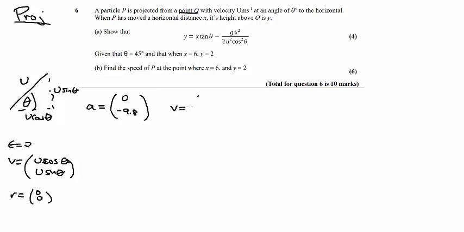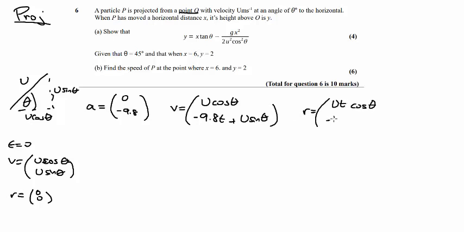Okay, so let's build our AVR. We get u cos theta minus 9.8t plus u sine theta. Integrate again, get ut cos theta minus 4.9t squared plus ut sine theta.